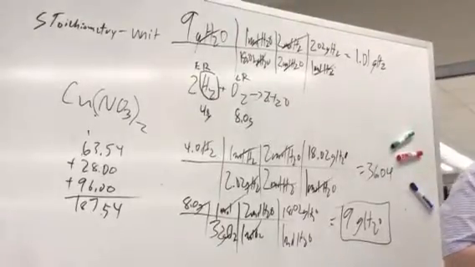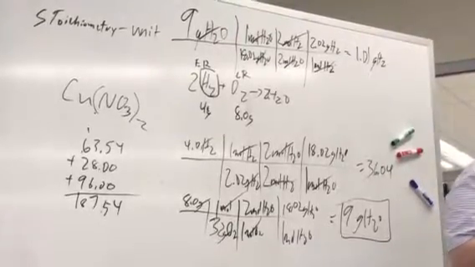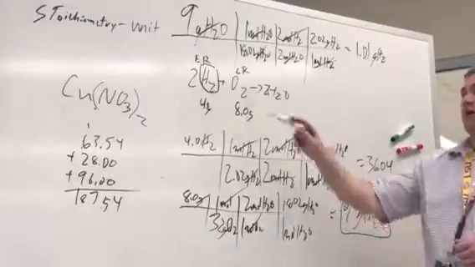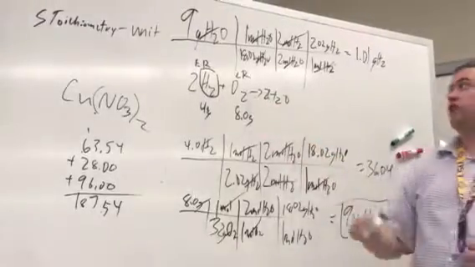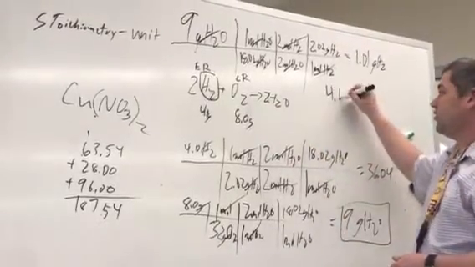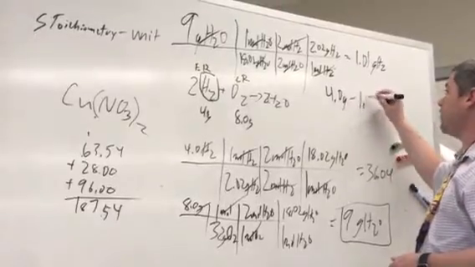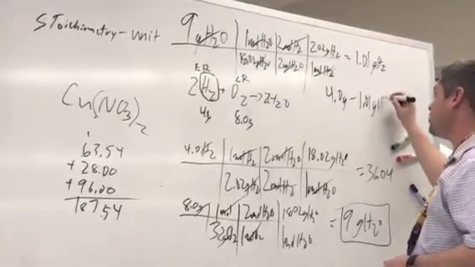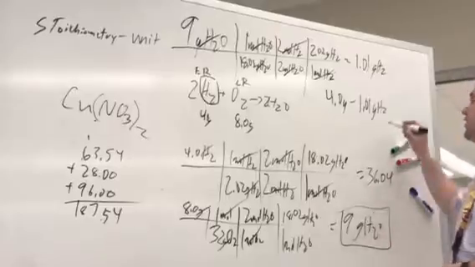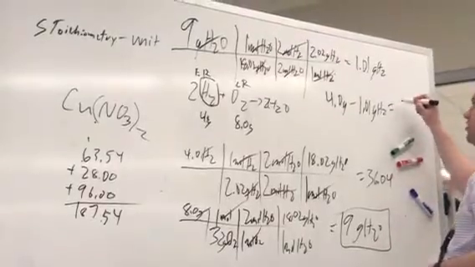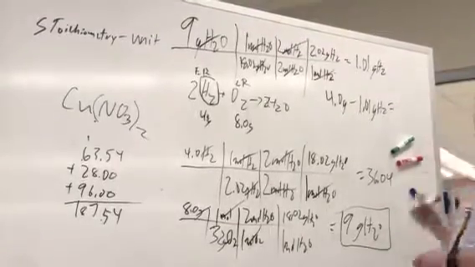So how do I know how much excess I have? I take what I started with, which was 4.0 grams, minus 1.01 grams of H2, which equals 2.99.